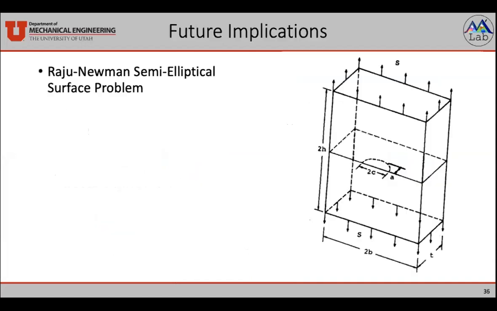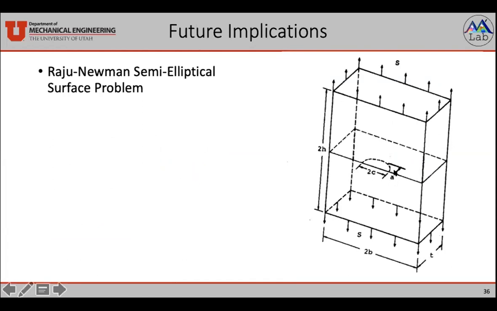In conclusion, there are important implications of this work. And I'd like to illustrate that with an example from Raju and Newman, who created an equation to model the stress intensity factors of the crack in this plate. So here's this semi-elliptical surface crack in a plate that's being loaded in tension.